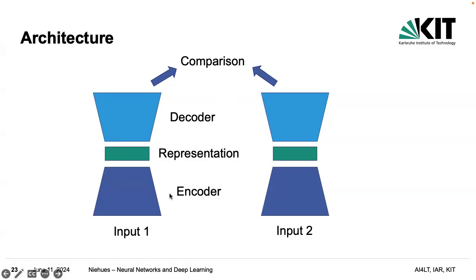This is also referred to as Siamese networks, where we have the same network applied in parallel to two inputs, and we later do a comparison on top of them and try to learn that things which we want to be similar are as similar as possible, and things which should be very different are different here too.